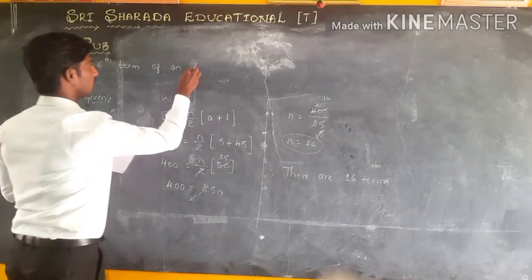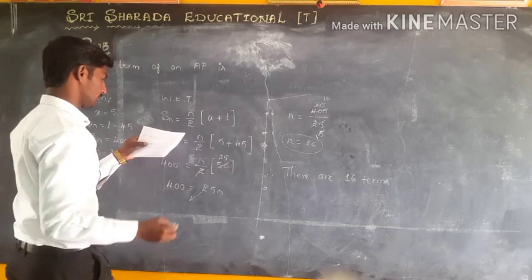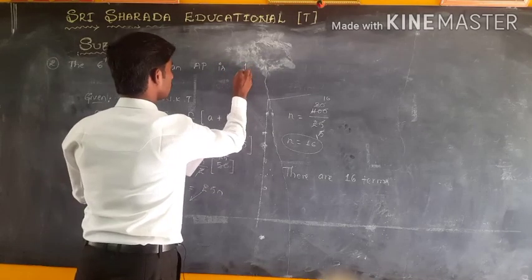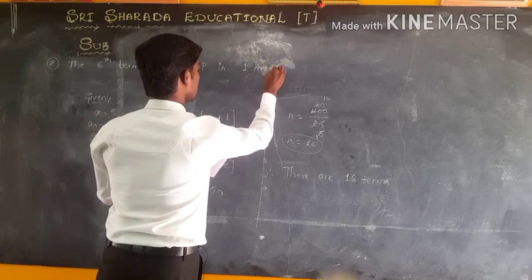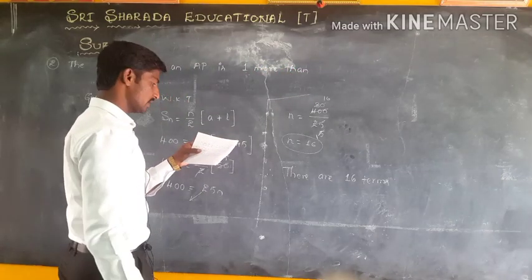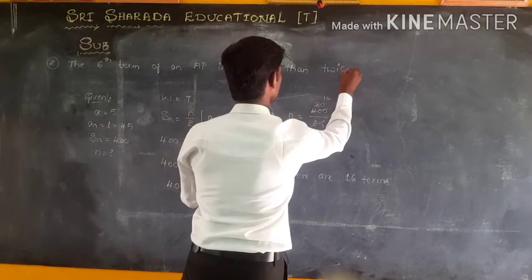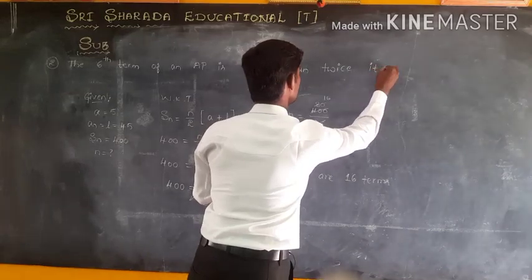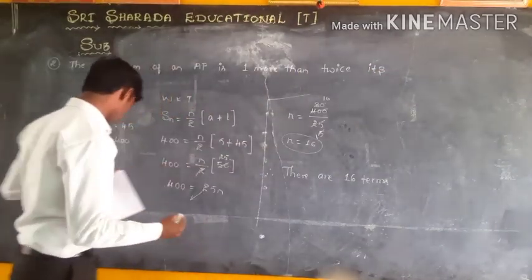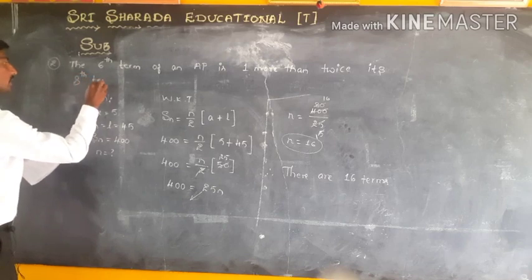Next, question number 2: the sixth term of an AP is 1 more than twice its eighth term.